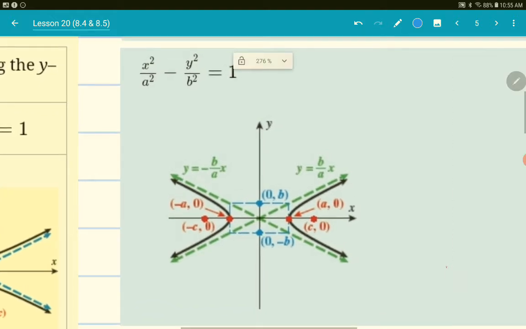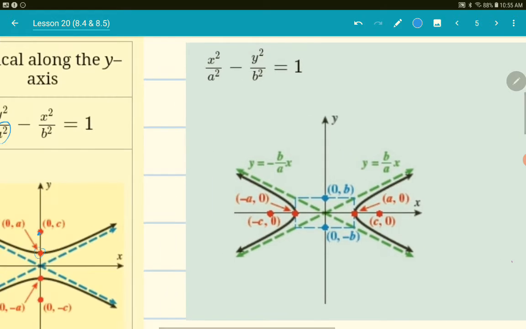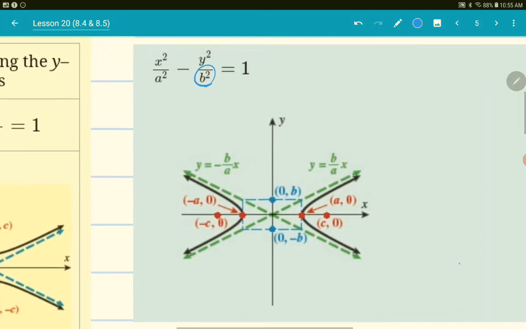So the shape of the curve, we use A, which we already talked about, and the B, which is under the second term, to get this box. So the B, or the square root of the denominator under the y, determines the height of that box.